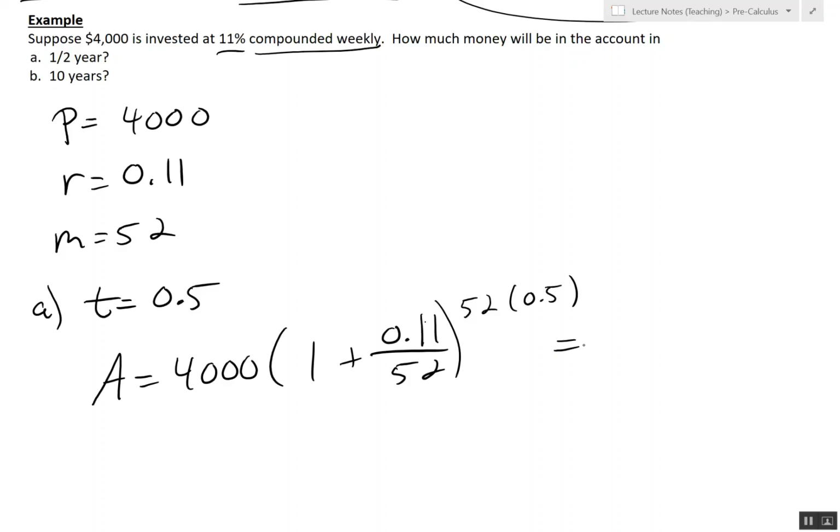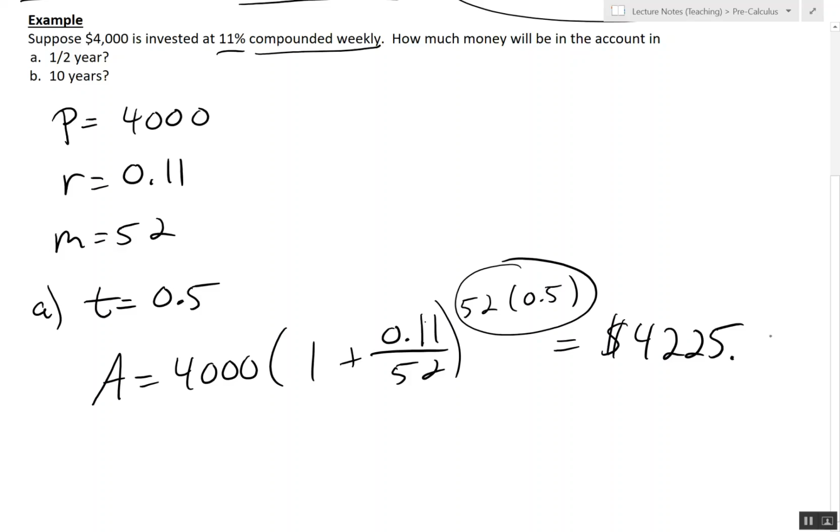When you do the exponent, remember to put the entire exponent in parentheses, so raised to the 52 times 0.5. I got a syntax error because I put in two exponents. So this will be equal to approximately $4,225.91.